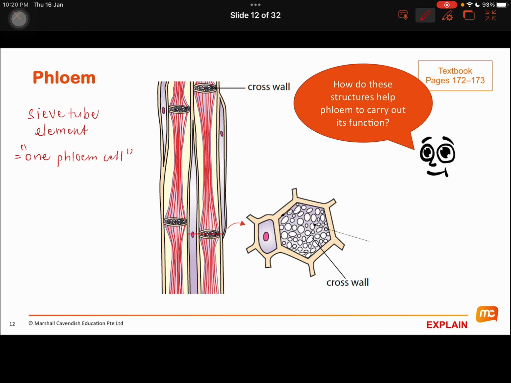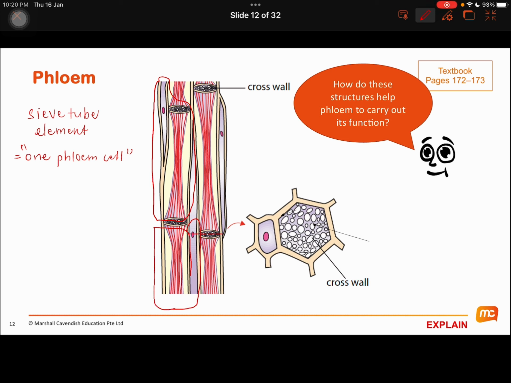So you can see over here, this is one sieve tube element, and this over here with the nucleus is another sieve tube element.